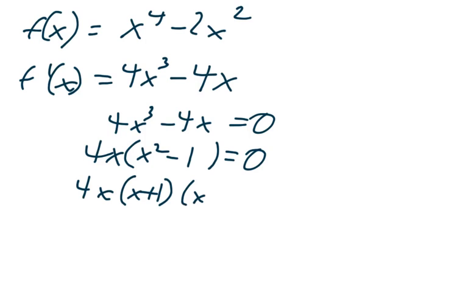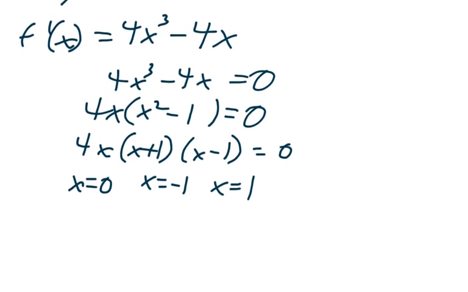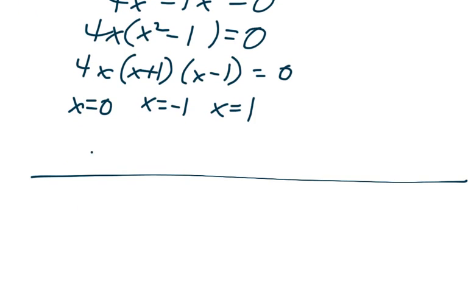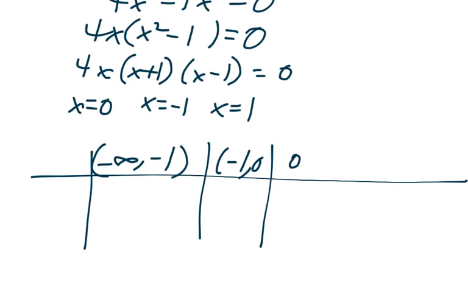And then when I factor the parentheses, I wind up with x equals 0, x equals -1, and x equals +1. So I'm going to make my chart. From -infinity to -1, from -1 to 0, from 0 to 1, from 1 to infinity.